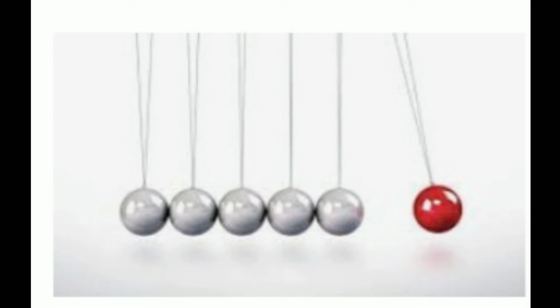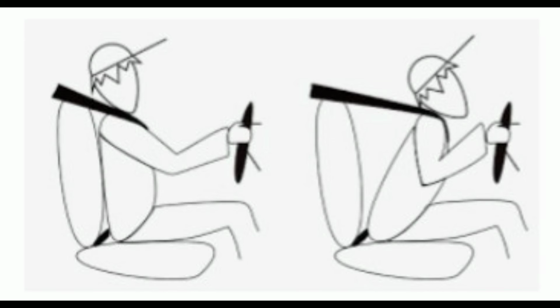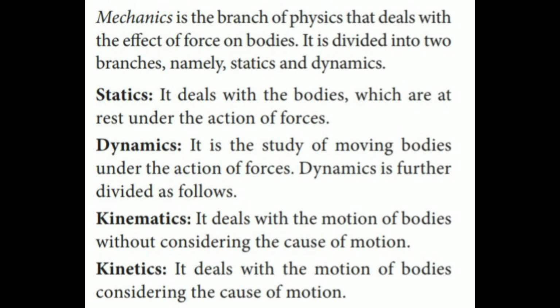Next, mechanics. Mechanics is the branch of physics that deals with the effect of force on bodies. It is divided into two branches, namely statics and dynamics. Statics deals with bodies which are at rest under the action of forces.